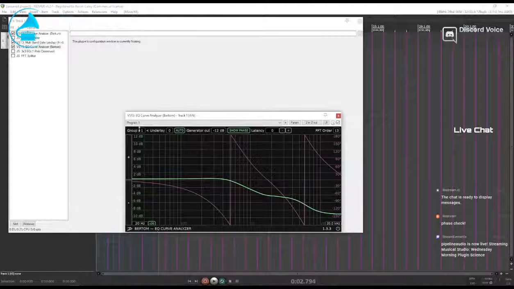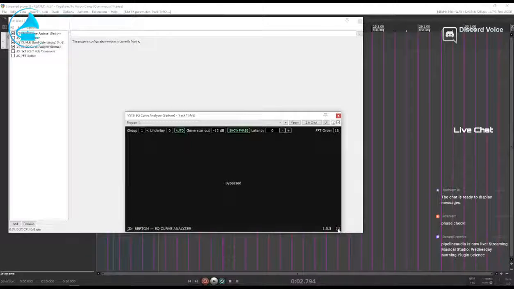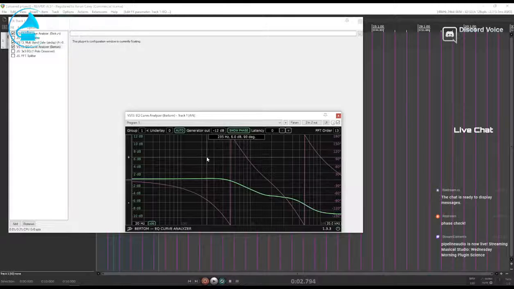Wow. How do I clear this? Is there a clear, or is this actually what we're looking at? 180 degrees out of phase.